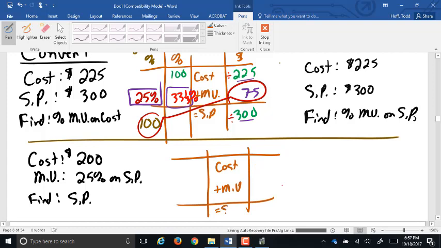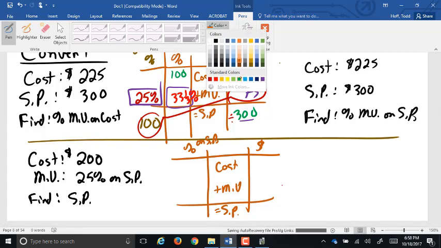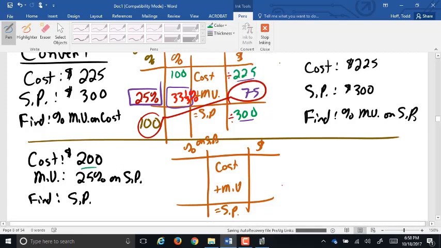Cost plus markup equals selling price. We're going to put $200 in the cost, dollar cost. 25% is the markup percent.